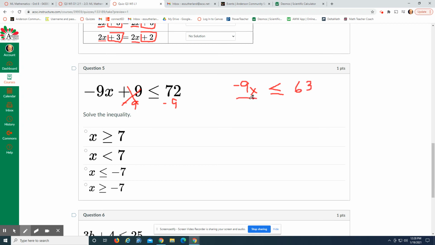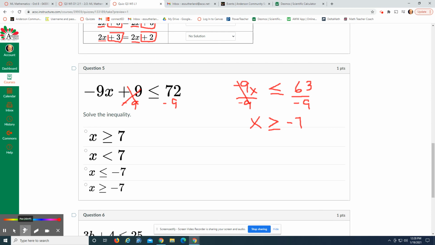And then I'm going to divide by negative 9. Anytime that you divide or multiply by a negative number when it comes to inequalities, you have to flip the sign. So as soon as I know I'm dividing by a negative number, the sign changes directions. These 9s will cancel. X drops down. 63 divided by negative 9 is negative 7.